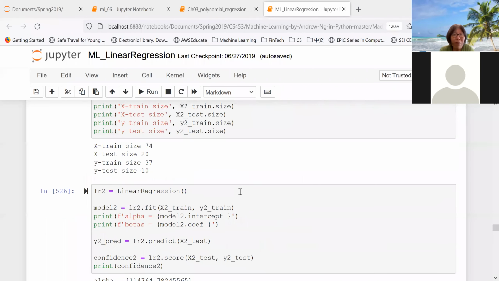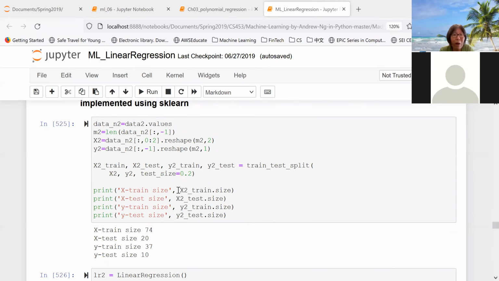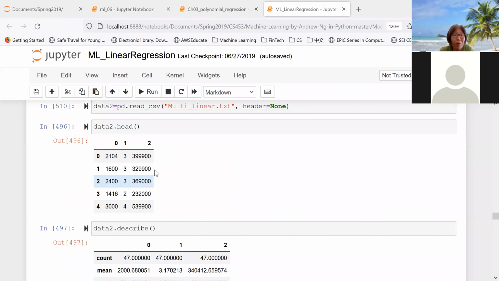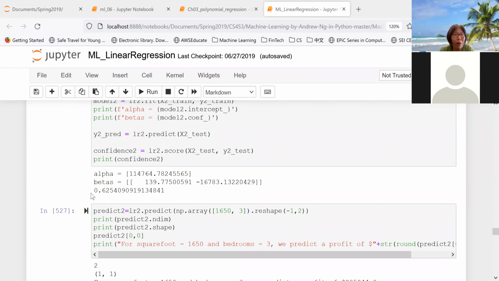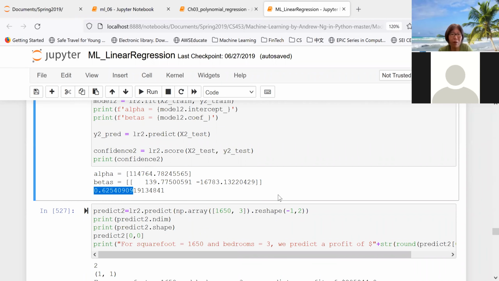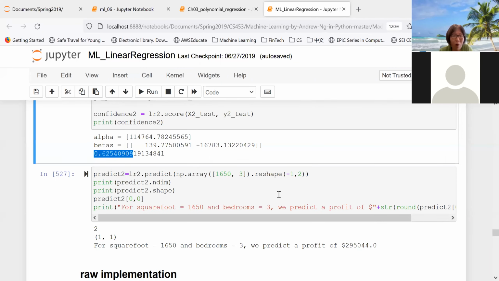Basically, if you take a look at the original data, we miss the step of the data scaling part. So maybe that's an exercise you can try: after you do data scaling, will the performance be improved?